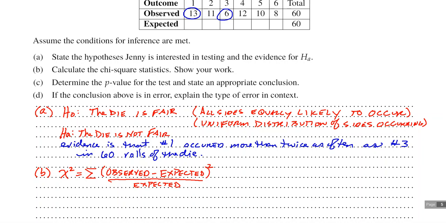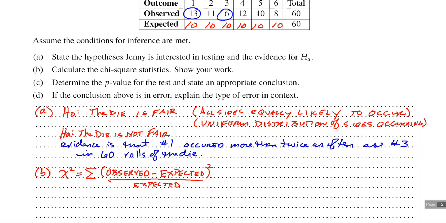If the die is fair, then all the outcomes are equally likely, which would mean we would expect 10 outcomes for each of my die faces, from 60.